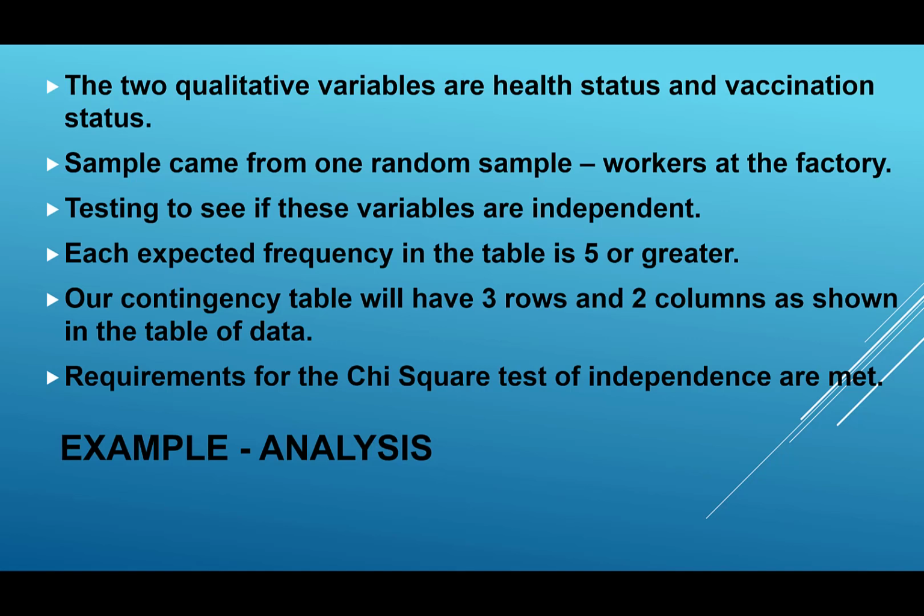We are testing to see if the two variables are independent. If we look at our table on the previous slide, each frequency is 5 or greater. And in this instance, we have a 3 rows by 2 column contingency table. So we have met all of the requirements for the chi-square test of independence. So we can proceed.